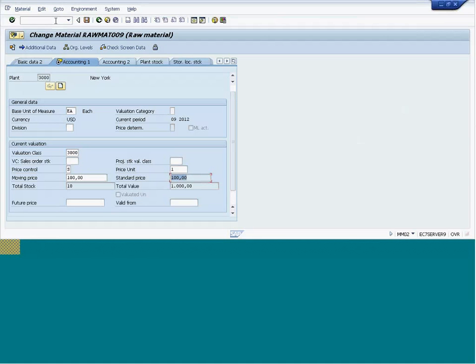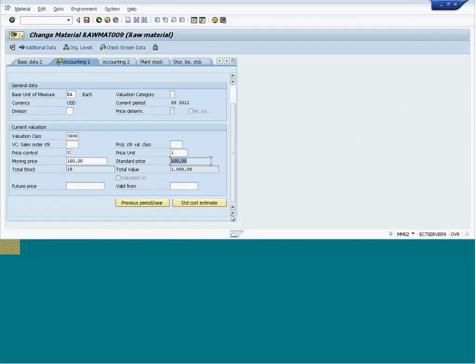So this price, either a standard price or a moving average price, is always for the internal management purpose, to come up with how much it costs to make that product. I would not say like that. It is not internal management.